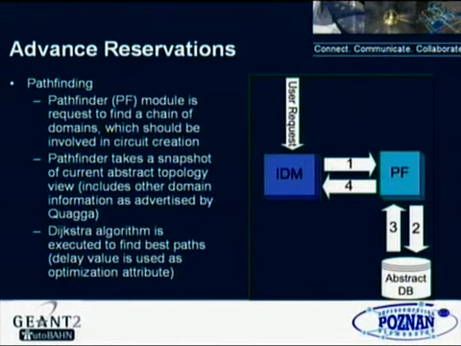First of all, the user request comes to the IDM module, and the responsibility of the IDM module is to find the inter-domain path for the reservation. So we ask Pathfinder, the abstract topology database, which is built, and create the path, the chain of domains to use.